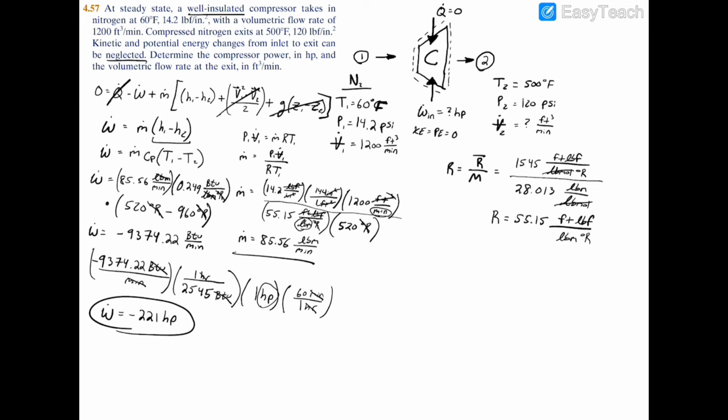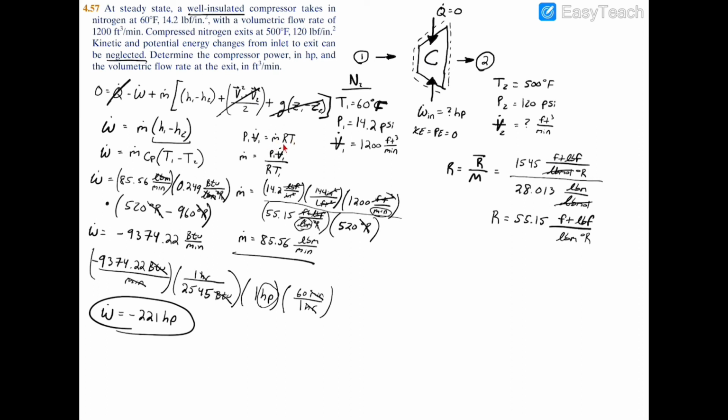All right, next up is the volumetric flow rate at the exit. So recall that we use the ideal gas formula of P1V1 equals MRT1. Now, we know that mass flow rate is conserved from inlet to exit as it's a single inlet, single exit control volume, so we'll have that m dot 1 equals m dot 2, and the gas constant R is equal on both sides as well.